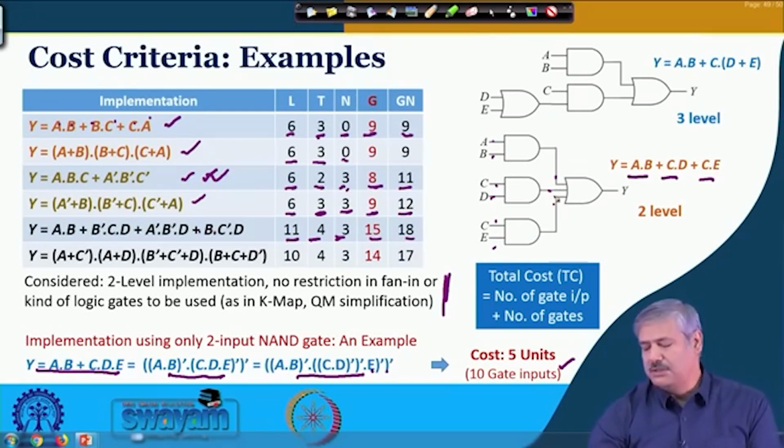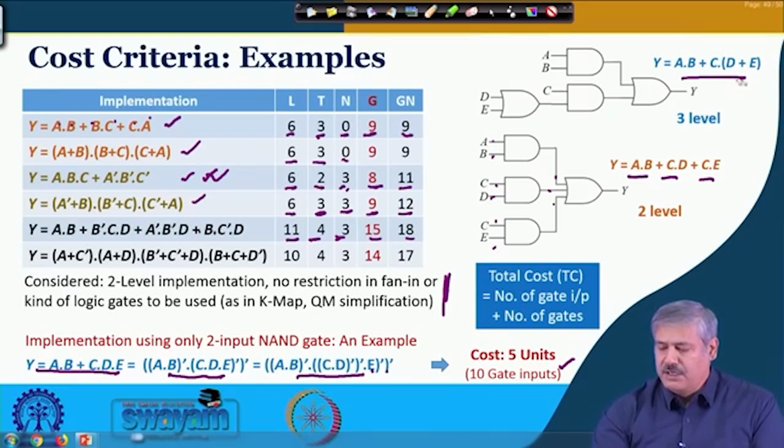And what about this one? We see that if we take C common, AB + C ANDed with (D or E), this expression, then D or E is getting ANDed with C, and then finally this is ORed.